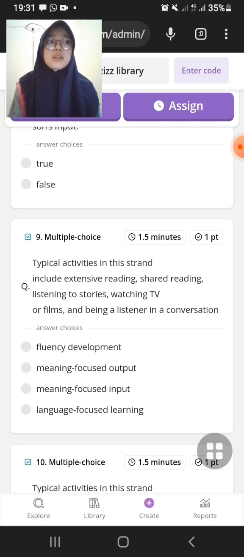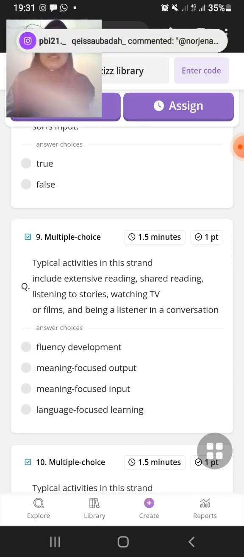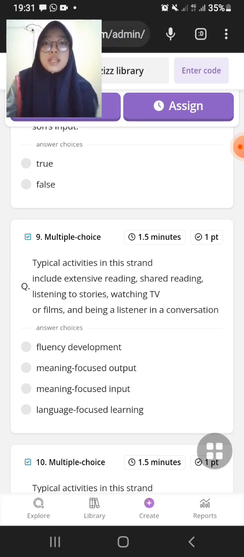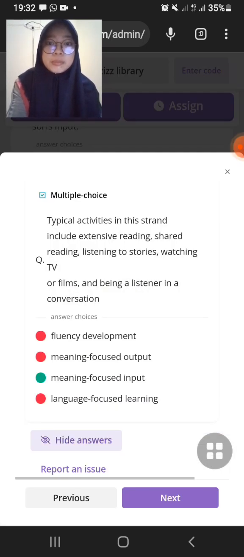Question number 9. Typical activities in this strand include extensive reading, shared reading, listening to stories, watching TV or films, and being a listener in a conversation. The answer is meaning-focused input.